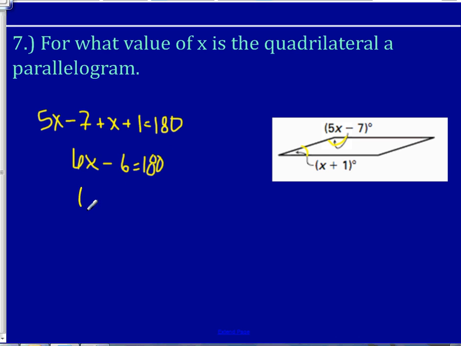Add 6 to both sides, and then we'll get 6x equals 186. Divide both sides by 6, and we're going to get x equals 31. All right, so there is one example of how we can use it algebraically.